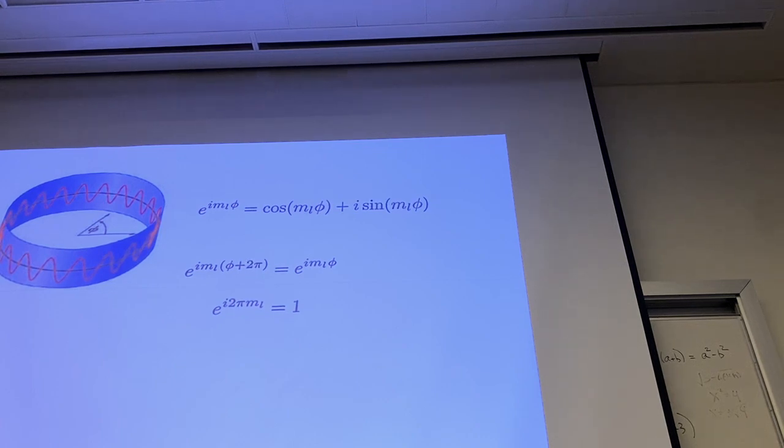So what I did, from the equation above to the next one, is divide by the complex exponent on the right. And that's what I'm getting next: the condition that this complex exponent, e to the i times 2 times pi times ml, must equal 1.